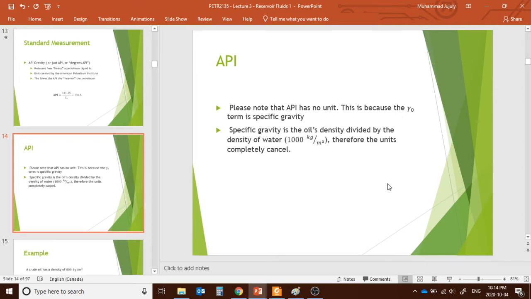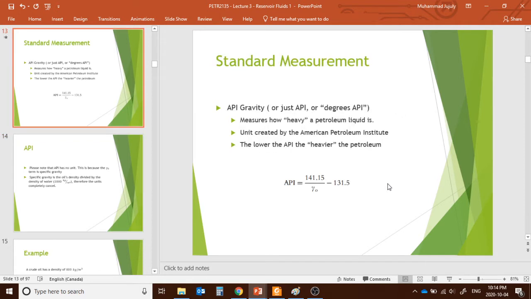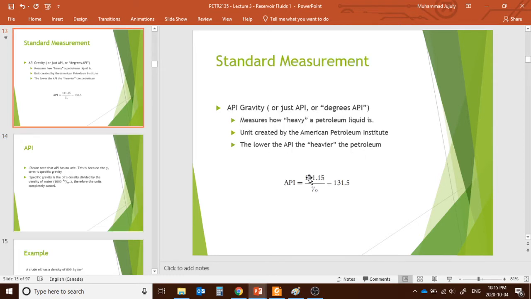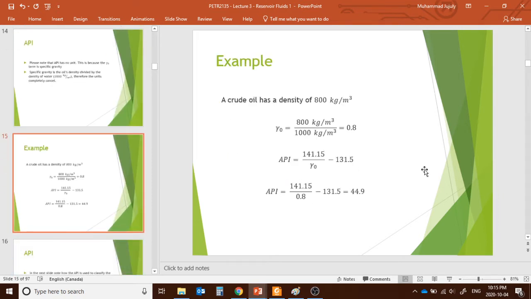Okay, so it is a dimensionless gravity, because it works with the specific gravity. This is the formula, and the only input of the formula is the specific gravity. And what is the specific gravity? Specific gravity is the density of oil divided by the density of water. That means it becomes unitless, so the whole API gravity is unitless.